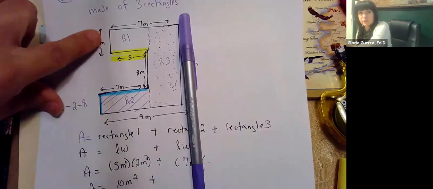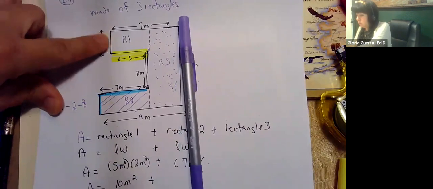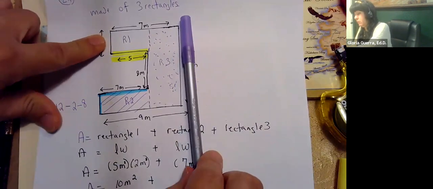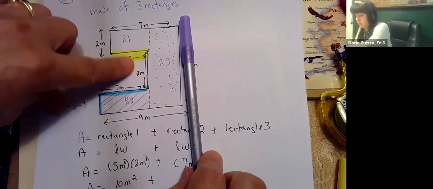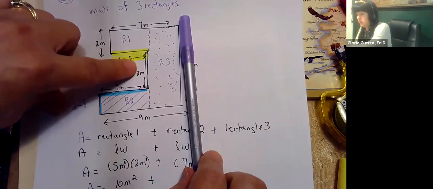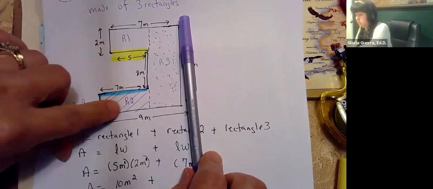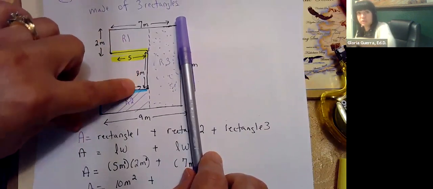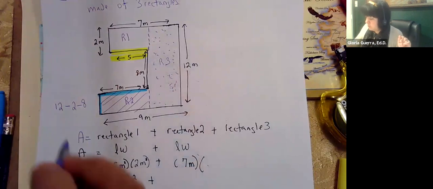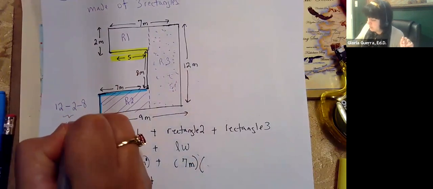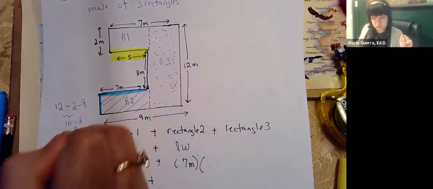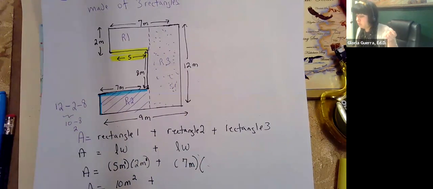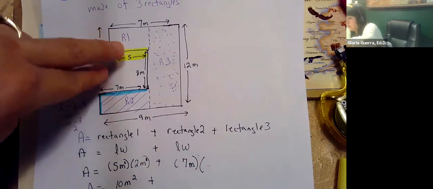So you have 12, take away 2, take away 8, and then you're done with that. 12 take away 2 is 10, and 10 take away 8 is 2.